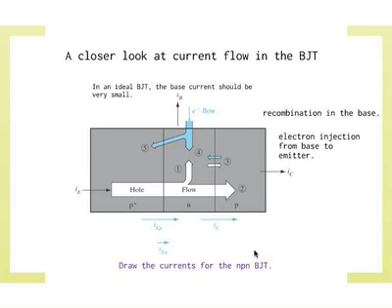Remember we talked about this? The gain from the emitter to the collector. Do we remember that? IC divided by IE. This was defined as gamma times beta.